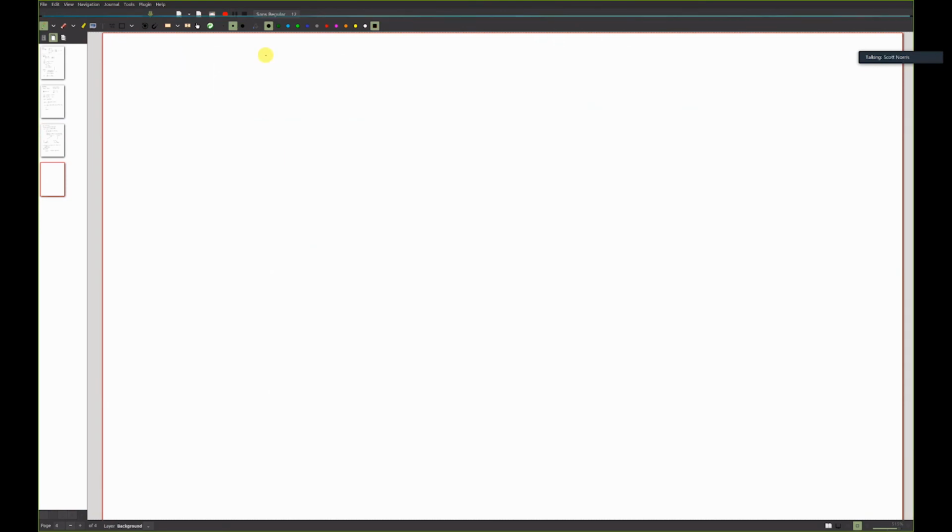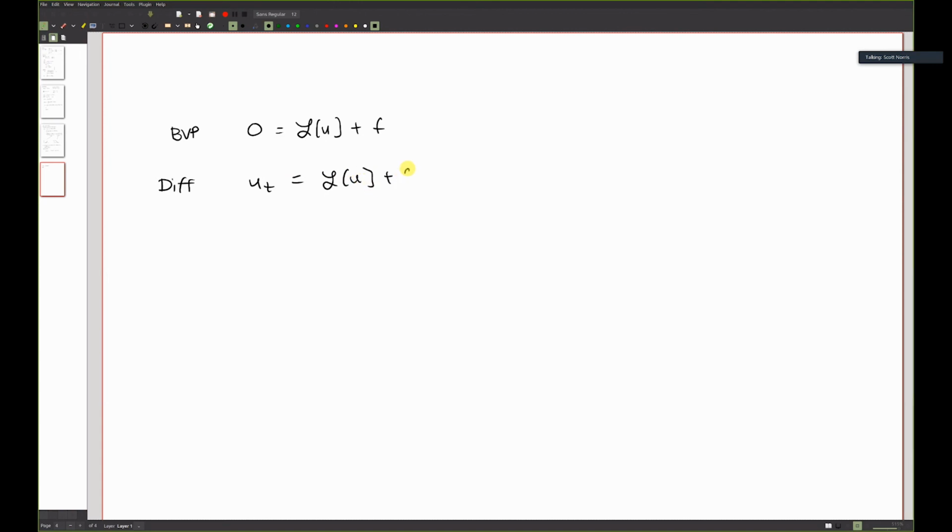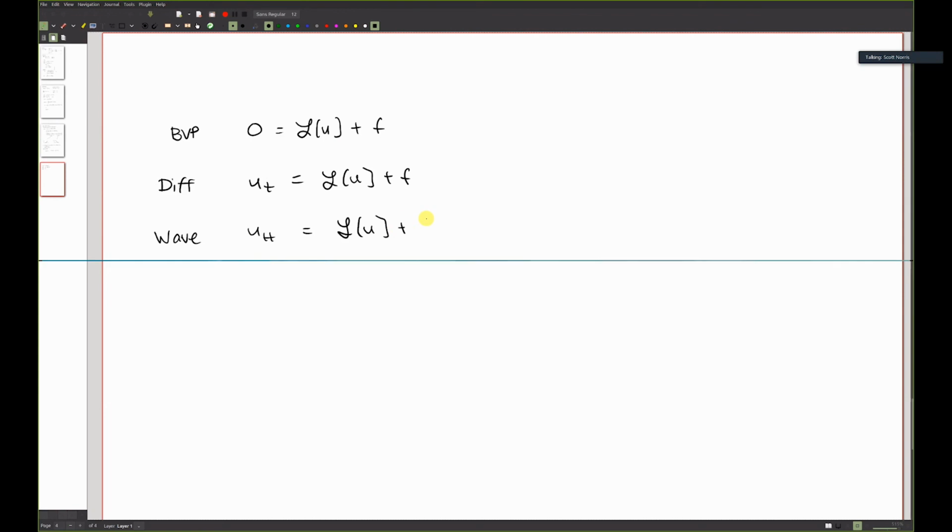If we have a boundary value problem, something like Lu plus F equals 0, or a diffusion equation that says Lu plus F equals the time derivative, or a wave equation that says Lu plus F equals the second time derivative, all these problems can be solved the same way.